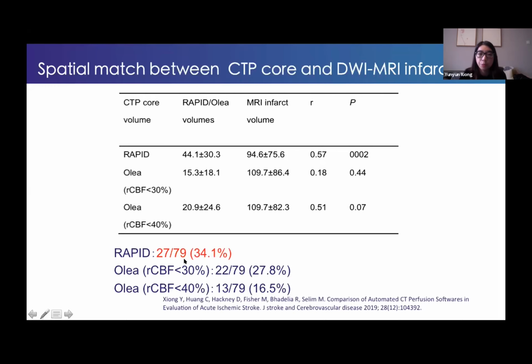So this is poor accuracy for the infarct location. When we look at these patients with correct infarct location, the volumetric correlation showed RAPID was higher than the OLEA. However, the correlation was only 0.57, which was less than 0.7. So it's not a very strong correlation.